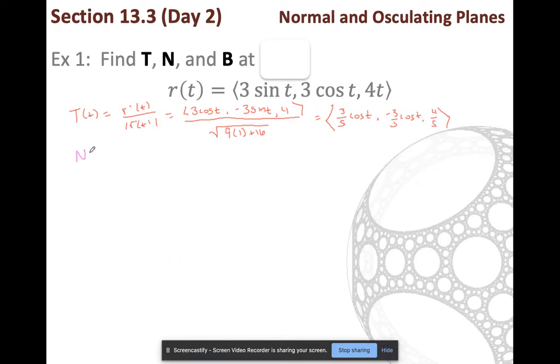And then the normal, it's like the second derivative, right? Ooh, you always like to see a 0. Now can you see what's going to happen here? I'm going to have 9/25 cosine squared t, 9/25 (whoops, that should be a sine, shouldn't it?).